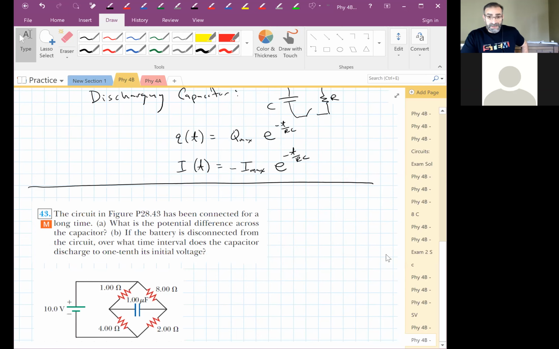All right, let's take a look at this one. Circuit's been connected for a long time. Find the potential difference across the capacitor. That's the first thing we need to do.